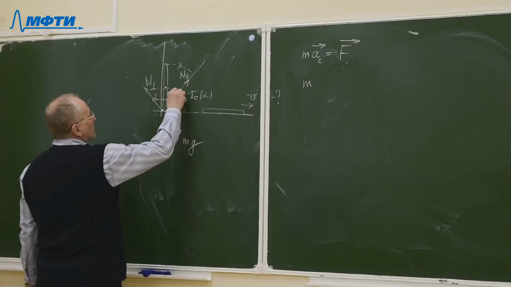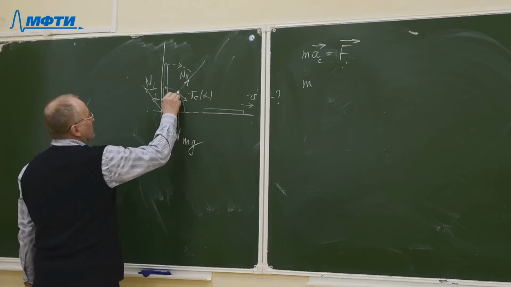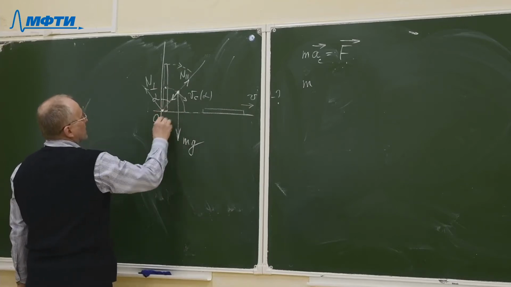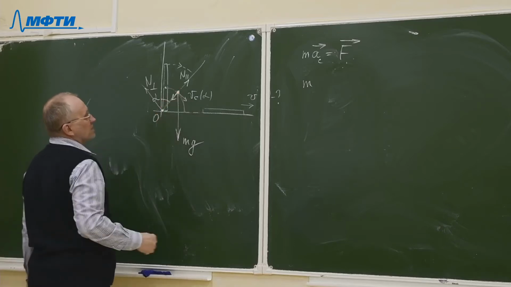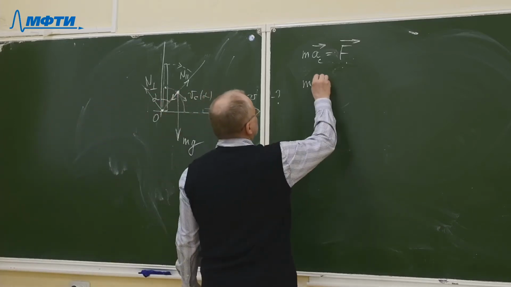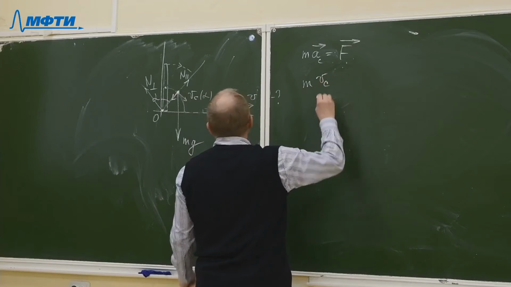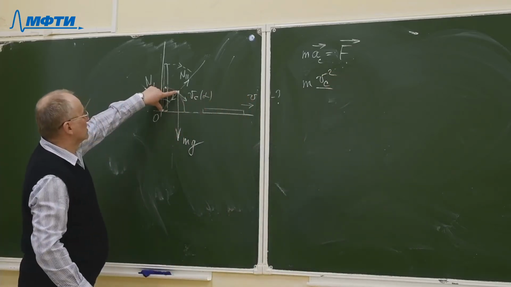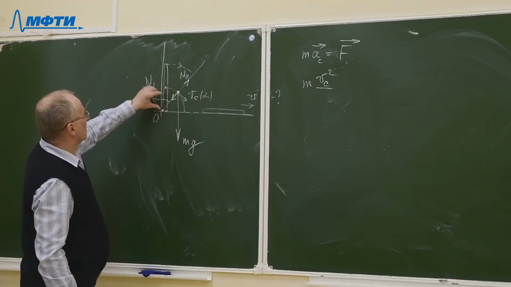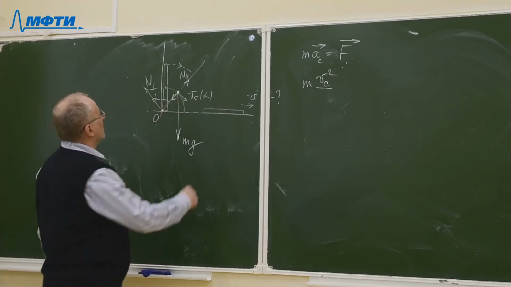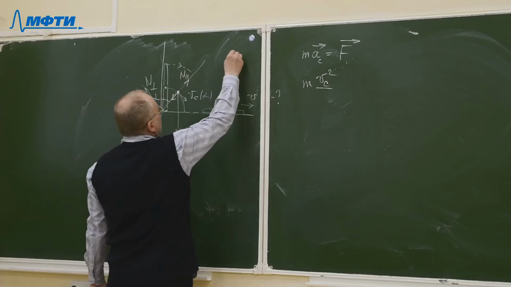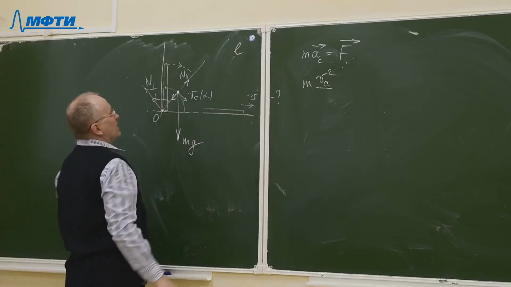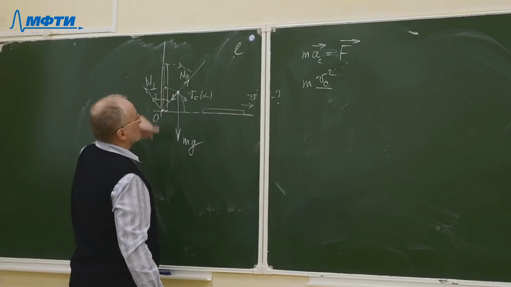The acceleration of the center of mass will be directed towards the center, and that will be the centripetal acceleration. And we know what is the centripetal acceleration. That is the velocity of the center of mass squared divided by the radius of this circle. And the radius of the circle is just half the length of the plate. And the length of the plate, let it be L, the vertical length of the plate.